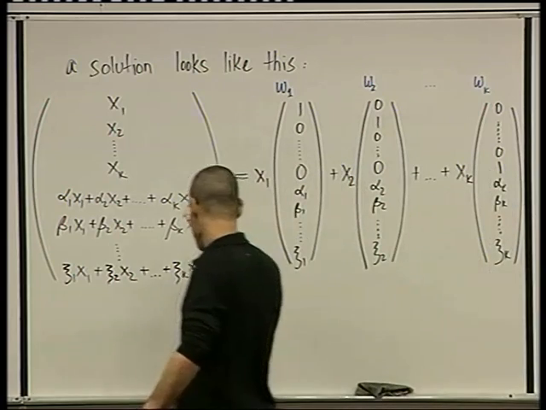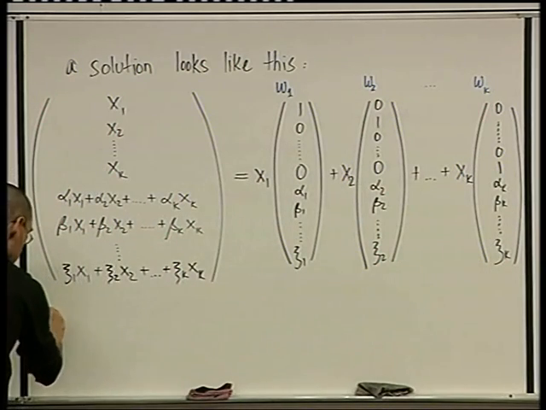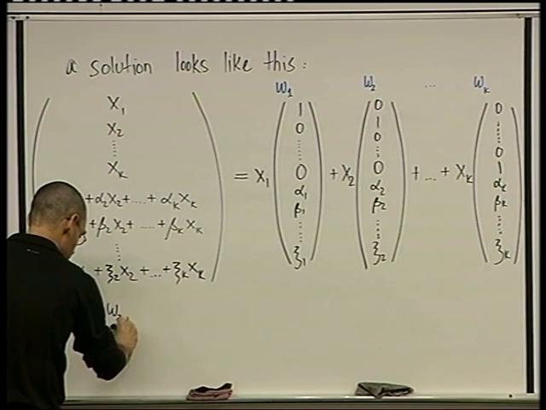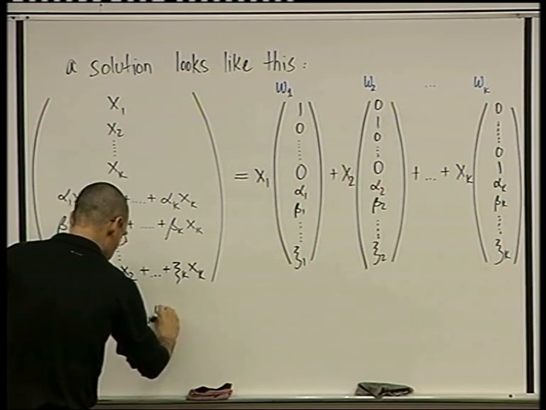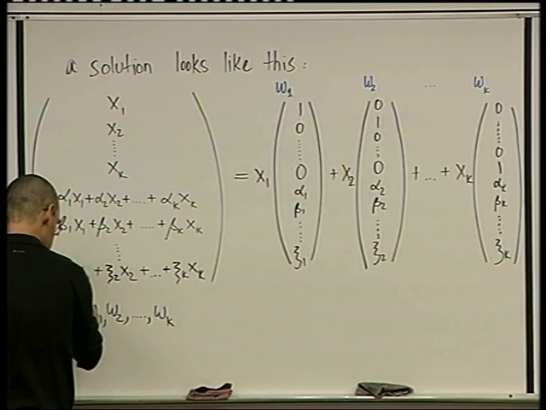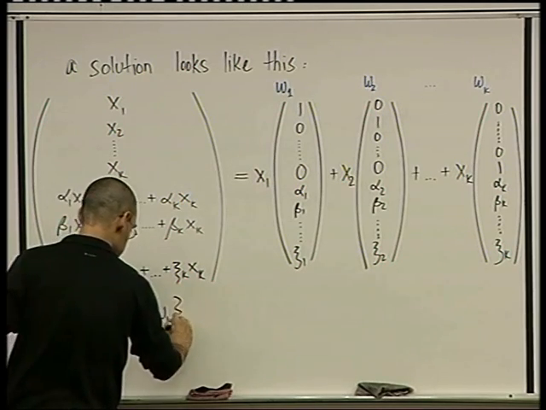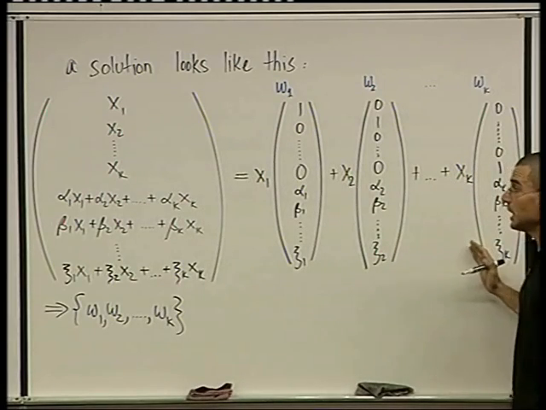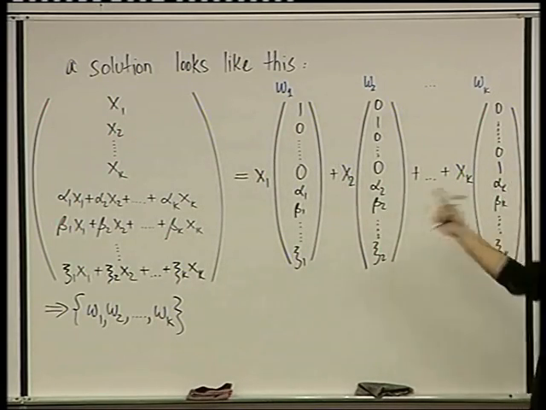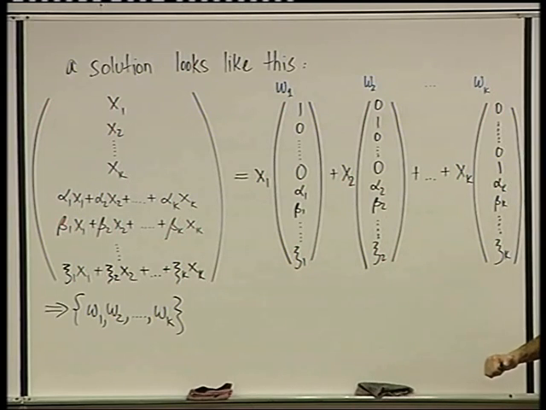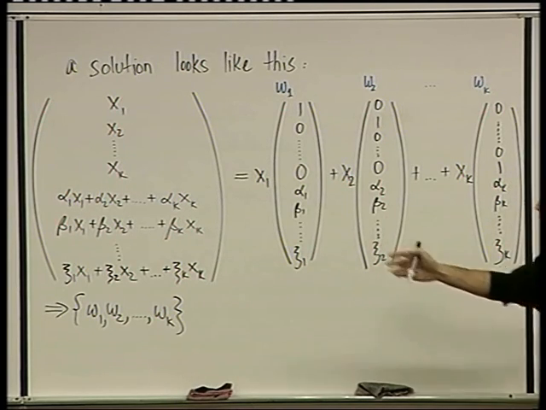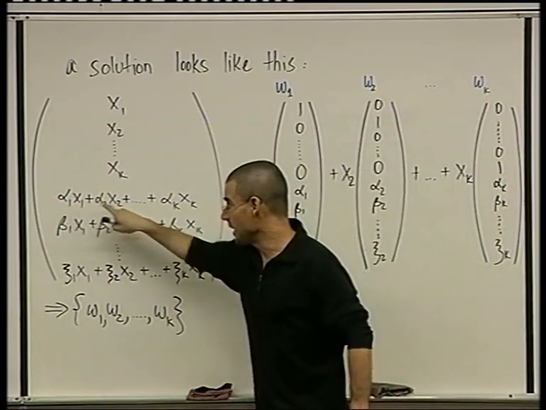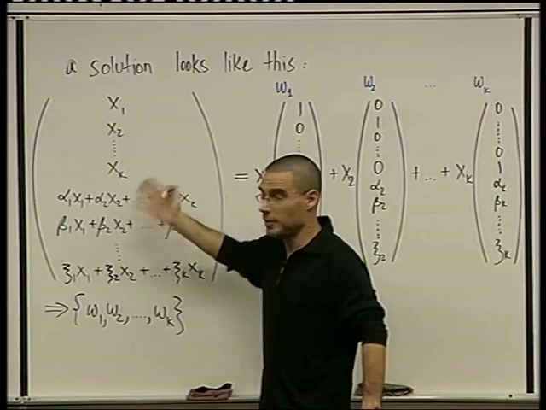So do you agree that w1, w2, all the way up to wk, any solution is a linear combination of these guys? Any solution in general looks like this, with some values of alphas and betas.